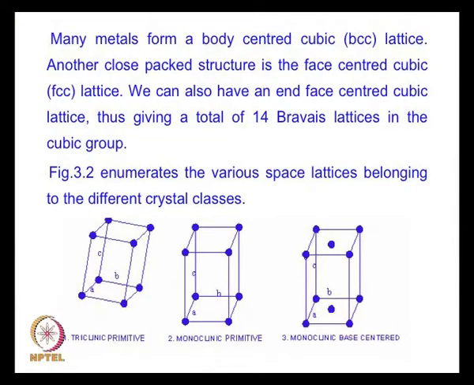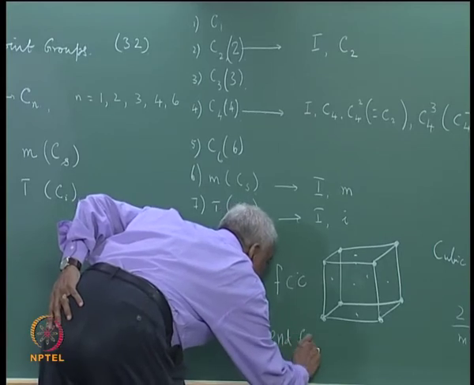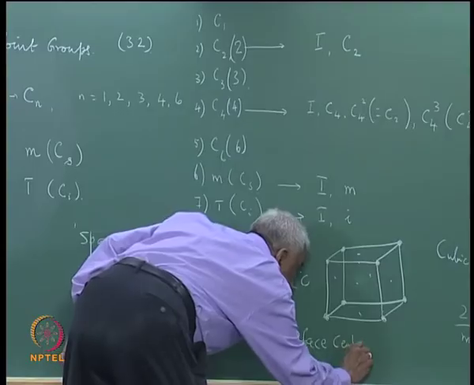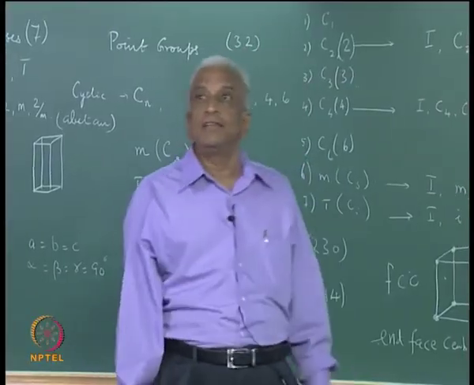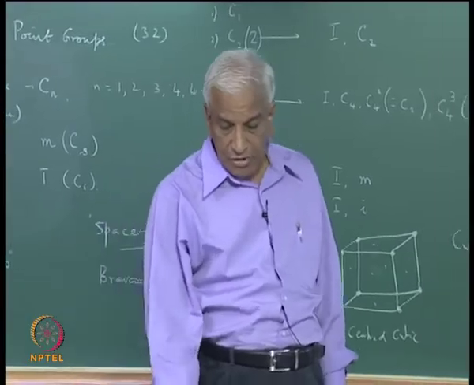Many metals form body centered cubic lattice, others have the face centered cubic lattice or sometimes the end face centered. Only one pair of end faces get centered. So, these are the different Bravais lattices, and the figure shows the various space lattices belonging to the different crystal classes.